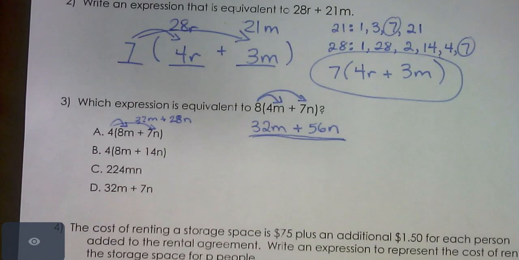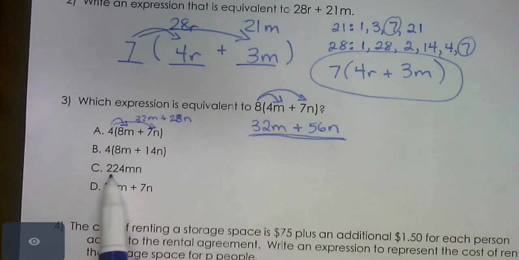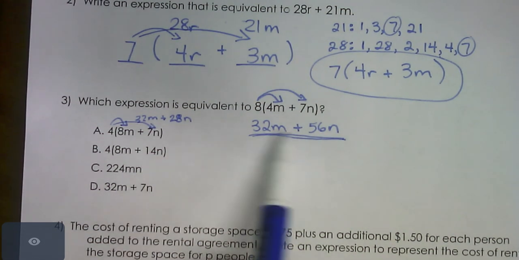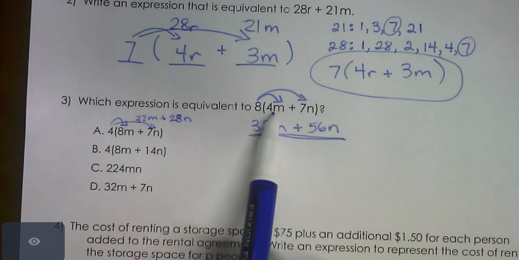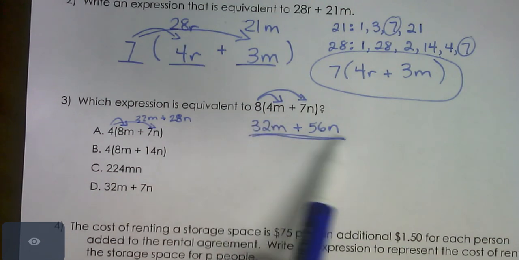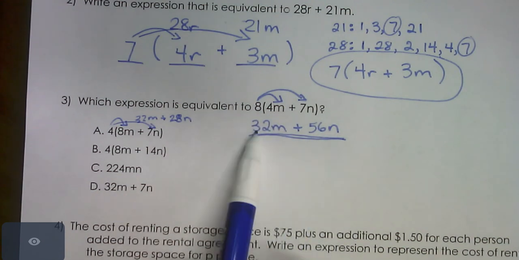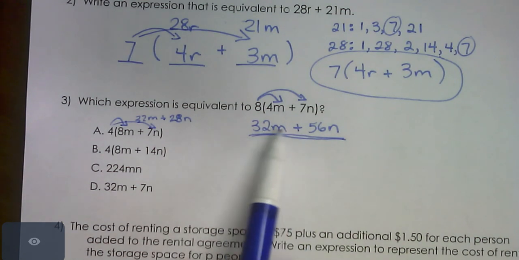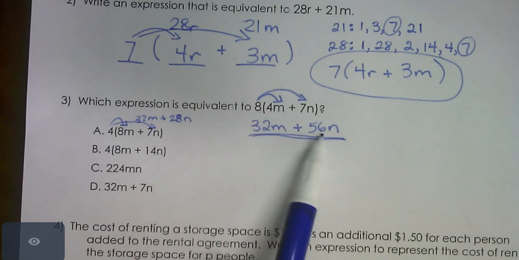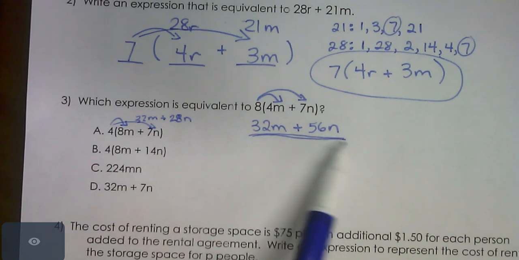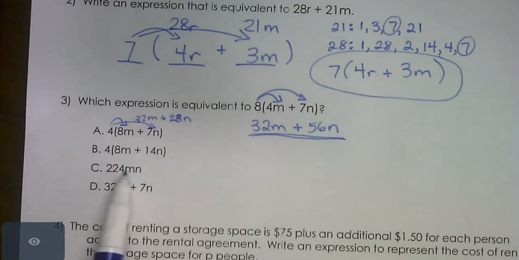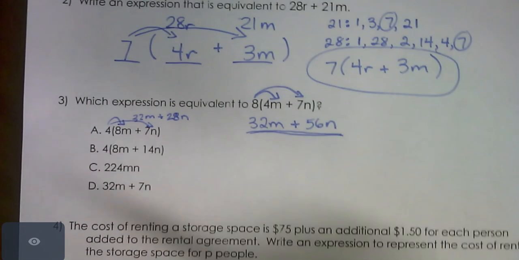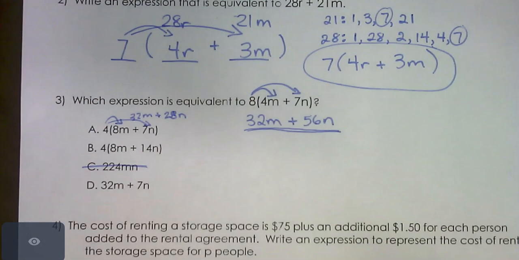Let's go to, let's see, 224mn. For one, 32m and 56n, these are not like terms. They have different variables. All right, so this is like 32 Milky Ways and 56 Reese's Pieces packs. They're not going to suddenly become 224 of something. Okay, so I can eliminate this answer.